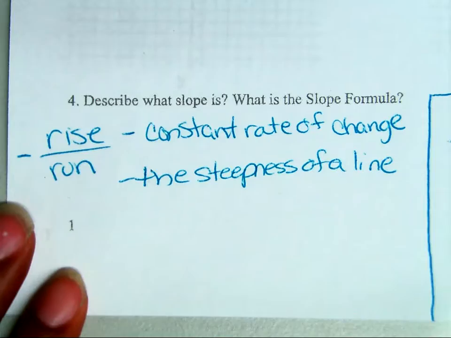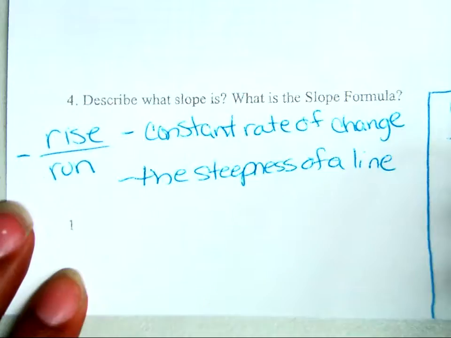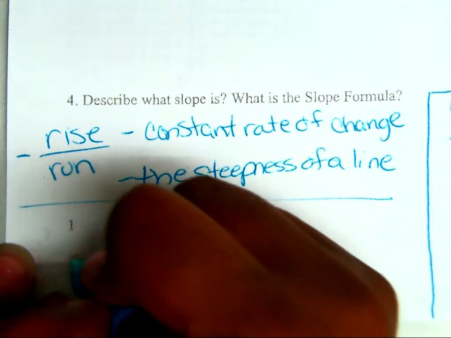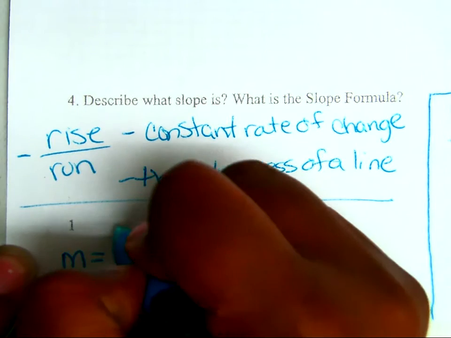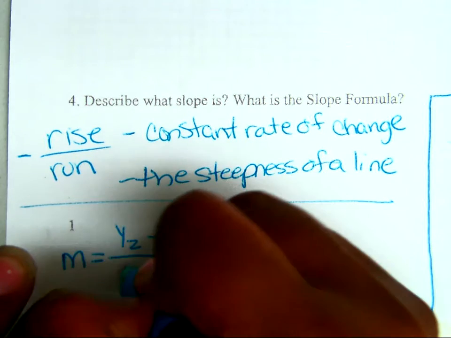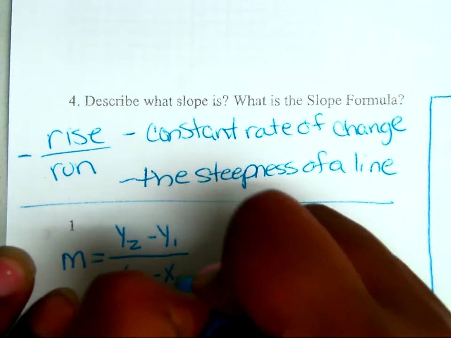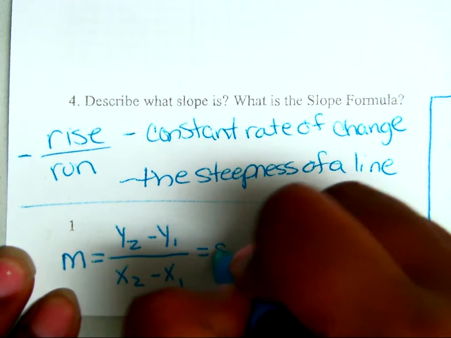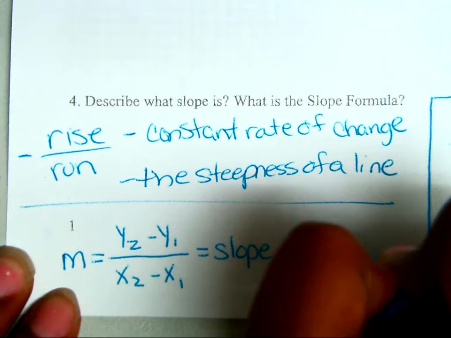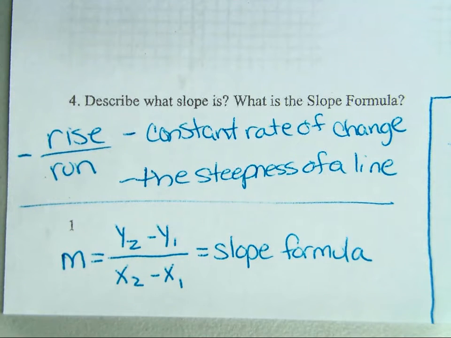All these things work for describing slope. What is the slope formula? Slope formula is m equals y2 minus y1 over x2 minus x1. This is the slope formula. Okay? Slope formula.